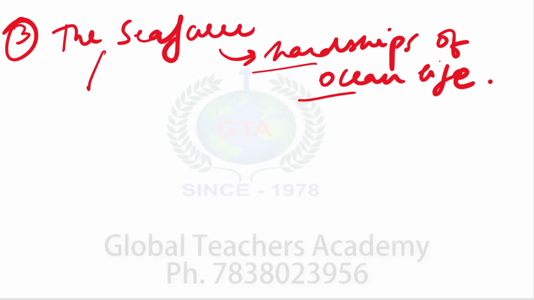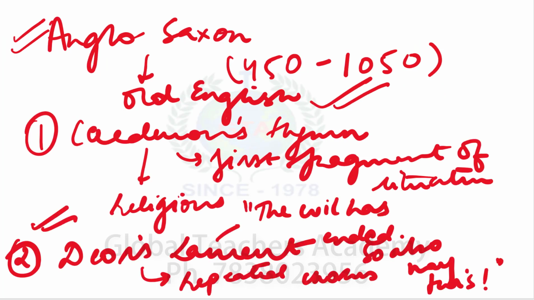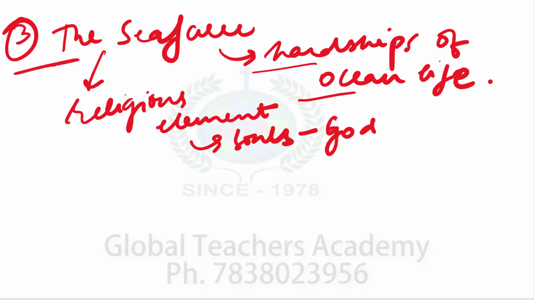But there is also the religious element, where they are trying to establish that all our souls at the end belong to God. So there is always a religious element or two in all your texts. Even in Caedmon's Hymn there was a religious element, in Deor's Lament also, and so is there in The Seafarer. Religious elements are strong in this age, the Anglo-Saxon period, also known as the Old English period.